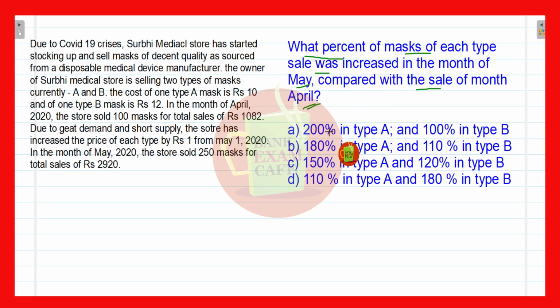Option A is 200% in type A and 100% in type B, B is 180% in type A and 110% in type B, C option is 150% in type A and 120% in type B, and D option is 110% in type A and 180% in type B. Friends, you have to solve this question and write your answer in the comment box. What will be your answer?